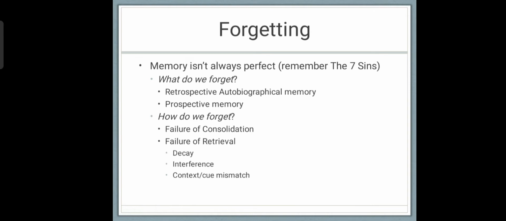So that is actually how it is with memory. If the information that has come to us has been consolidated, then it's solidified, and generally we do not forget those elements. But if there is a failure of consolidation, there obviously will be forgetting.